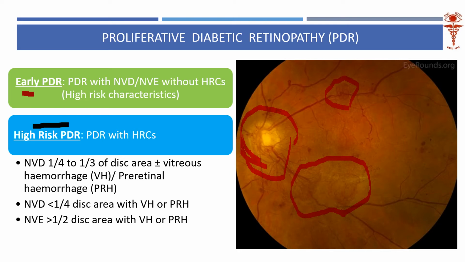And if you see new vessels on the disc, associated with some amount of vitreous hemorrhage, or it is less than 1/4 of the disc area, or more than half of the disc area with the VH or PRH, this kind of classification is used for PDR with high risk characteristics. But whatever, PDR is PDR. If you see a new vessel, then it is PDR.